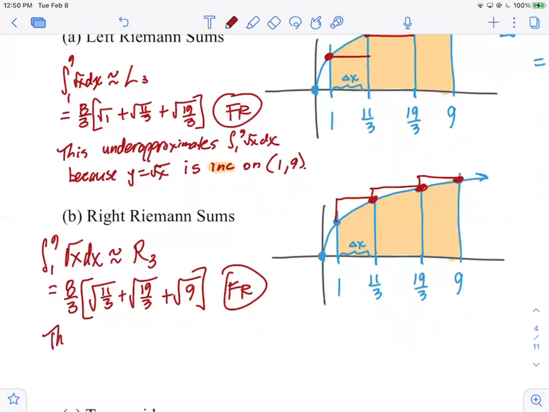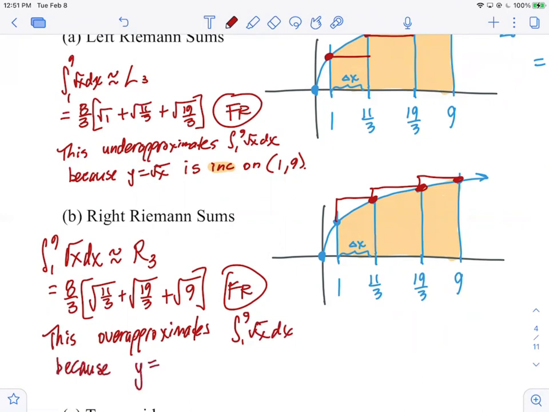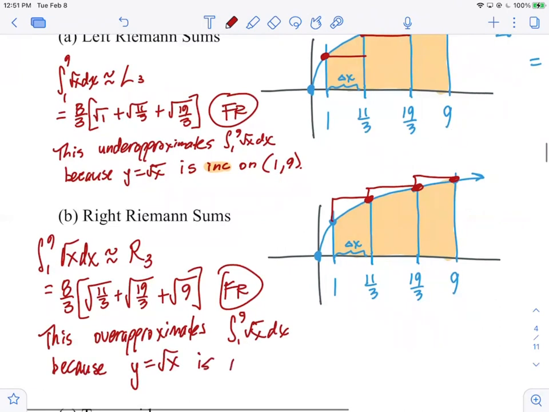And then you could say this over approximates the integral from 1 to 9 square root of x dx, because it's the same reason, because y equals the square root of x is increasing on the interval from 1 to 9. So all rectangles have to do with increasing or decreasing. Is increasing.